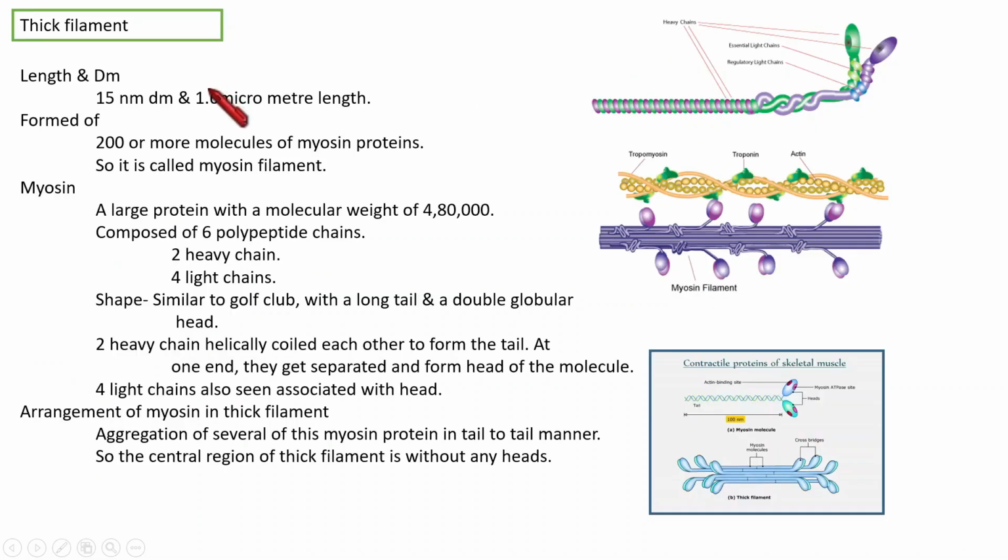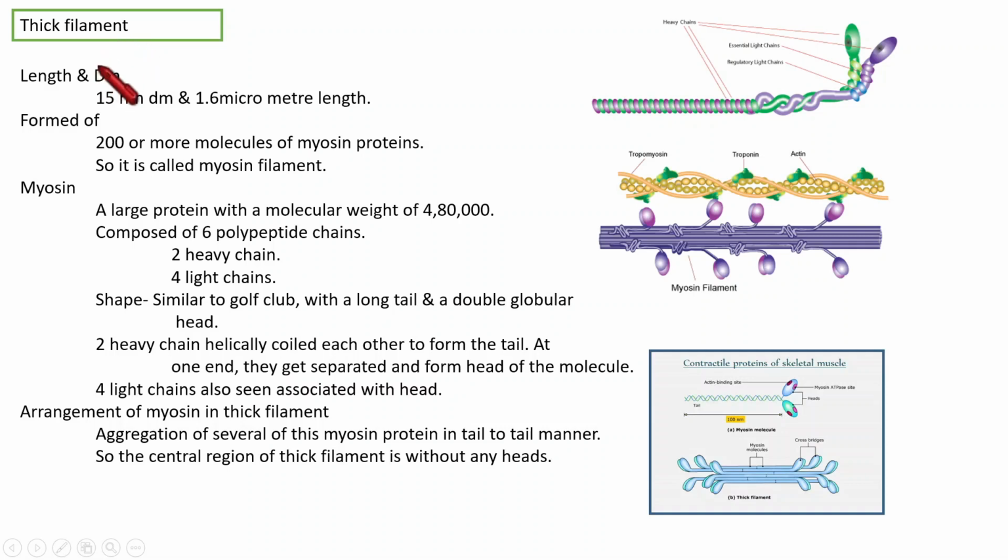So we have seen that each myofibril is composed of numerous myofilaments, and the myofilaments themselves are of three types: thick filament, thin filament, and elastin filament. Now we are going to see the thick filament that we can see inside the myofibril. It's a type of myofilament.